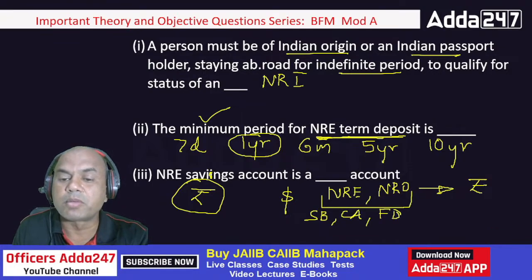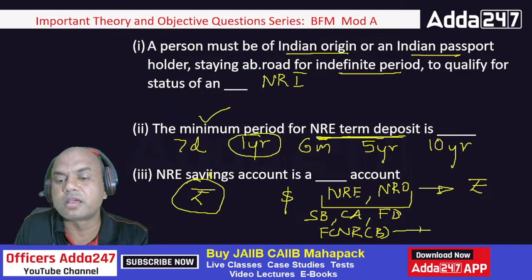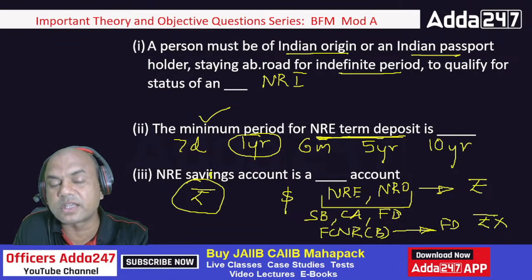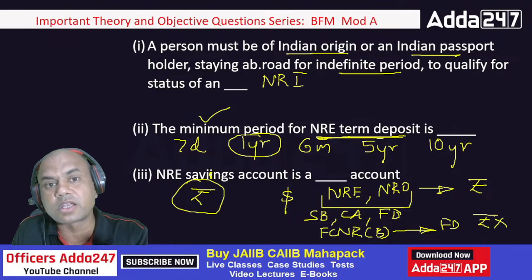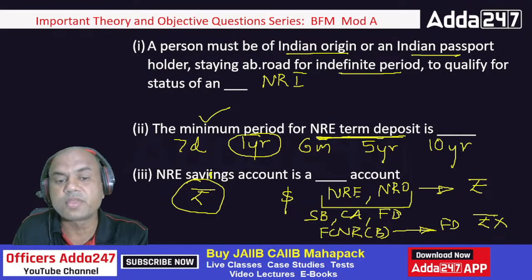But FCNR, we also call it FCNR-B, is strictly FD, and that is never in rupees. It can be in dollars, euro, Australian dollars, yen, anything, but not rupees. So NRE savings is a rupee account.